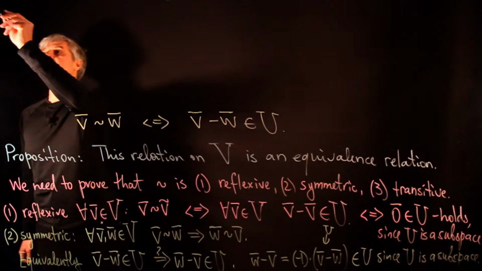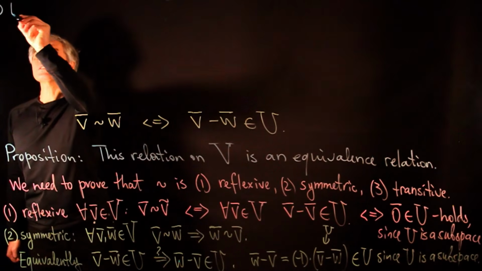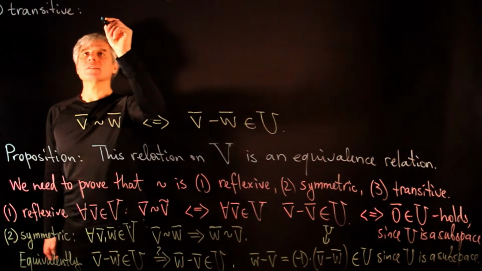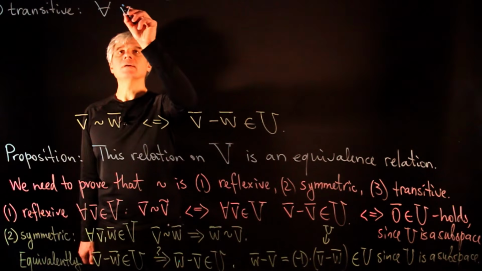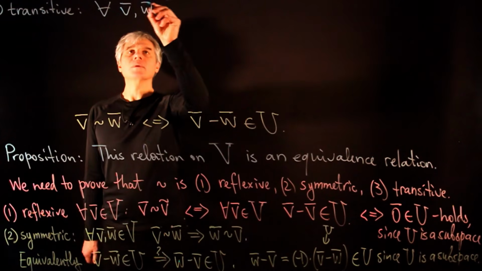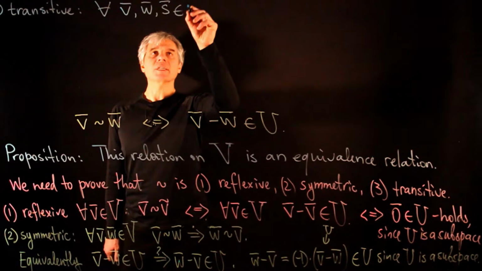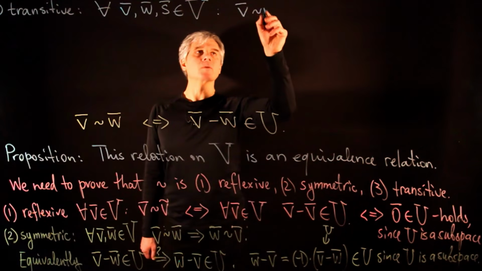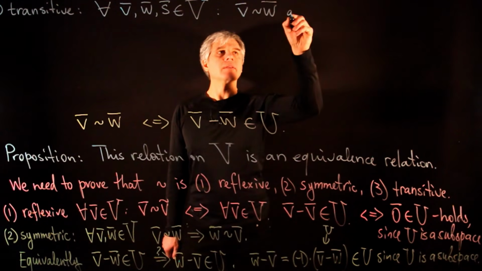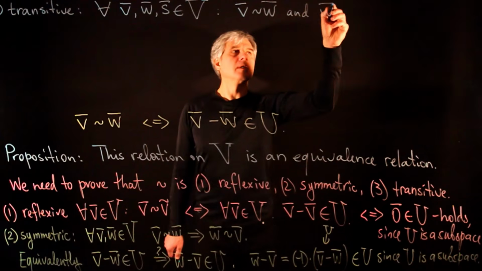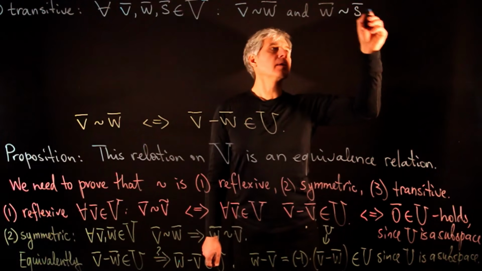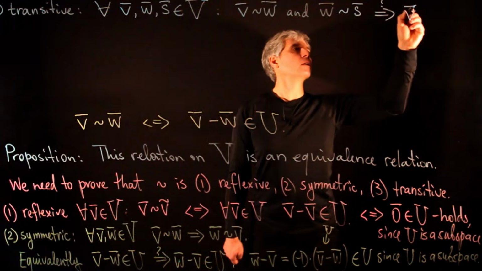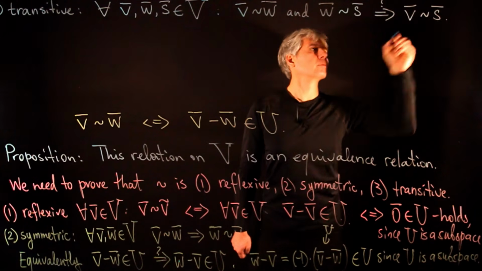And finally, we need to prove that this relation is transitive, which means that for all v, w, and s in the space V, if v is related to w and w is related to s, then this implies that v is related to s.